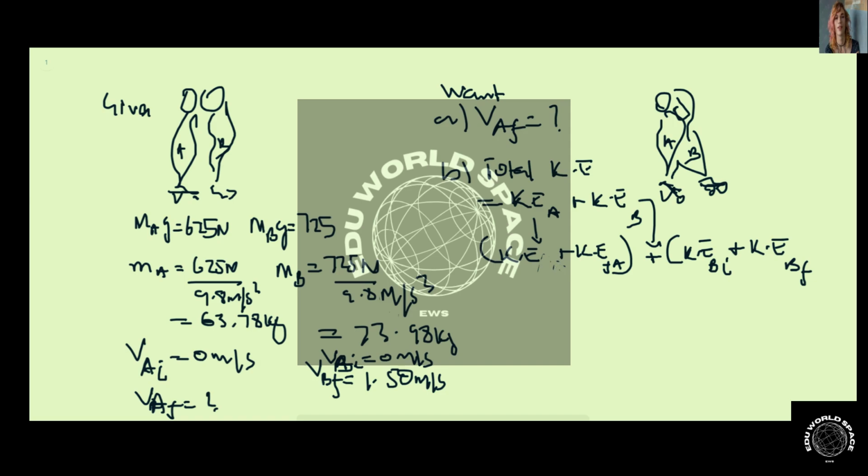We have to follow some type of convention right here. So this would be A initial, and this is A final, like that. This is the information we're given. This is what we're dealing with, and we want to see how it's going to help us find the final velocity of A, and then the total kinetic energy of the system.